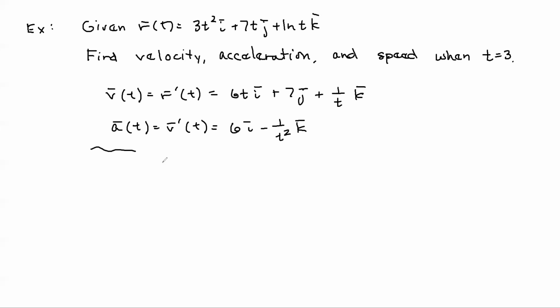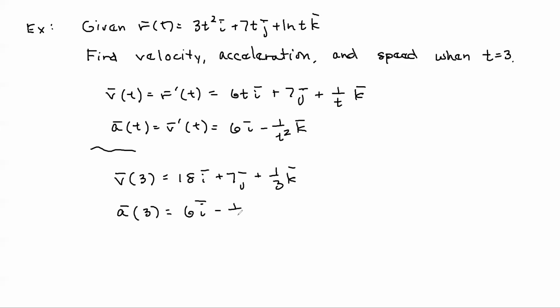All right, so now that we've got the velocity and acceleration, we can find those when t is 3. The velocity when t is 3 would be 18i plus 7j plus 1/3 k. The acceleration when t is 3 would be 6i minus 1/9 k.